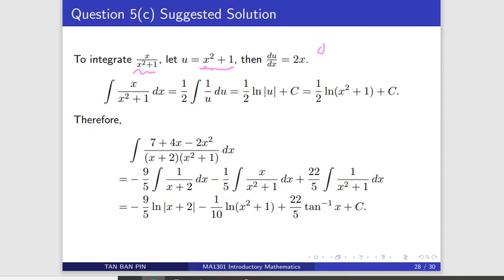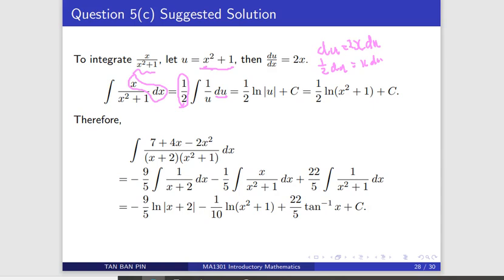So du is 2x dx. We can divide by 2 to give you half du is x dx. So when you see x dx, you replace it by half du.